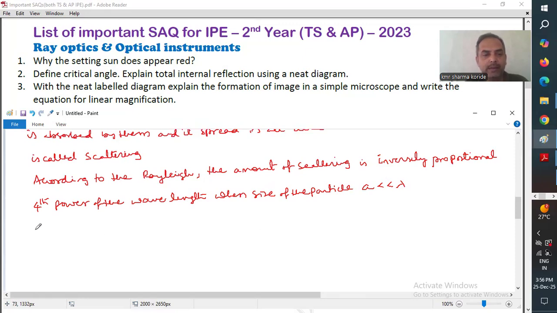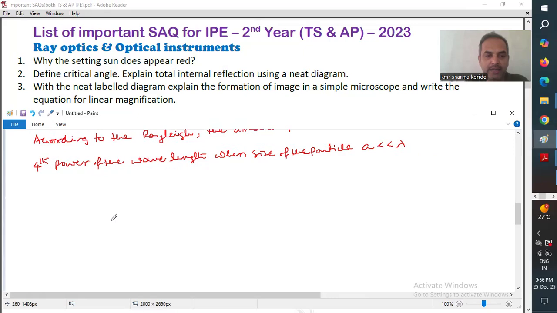Now, during the time of sunset or sunrise, understand like this. Let us say this is the outer surface of the earth. Here there is some observer. The sun is at the horizon, somewhere here.